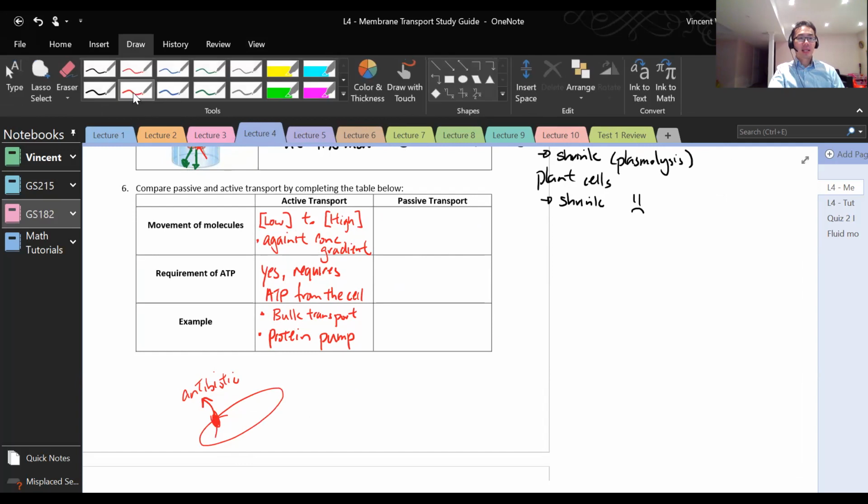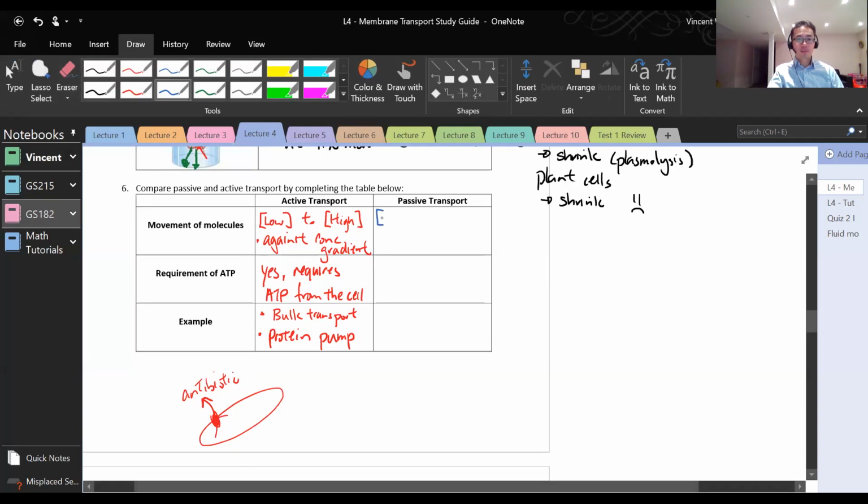Passive transport, on the other hand, this is going from high concentration to low concentration. Okay, it is down the concentration gradient.